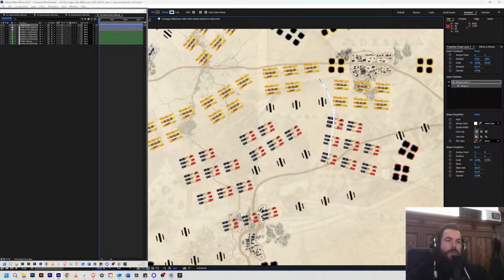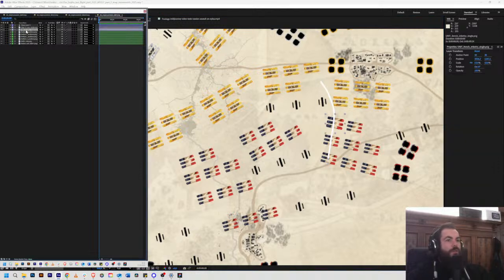So the reason why I duplicate them in this order is so in the layer stack they are already under each other.